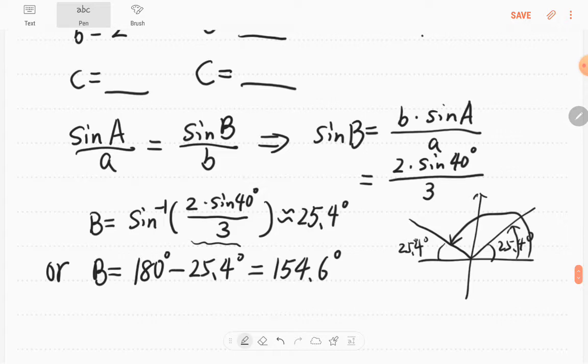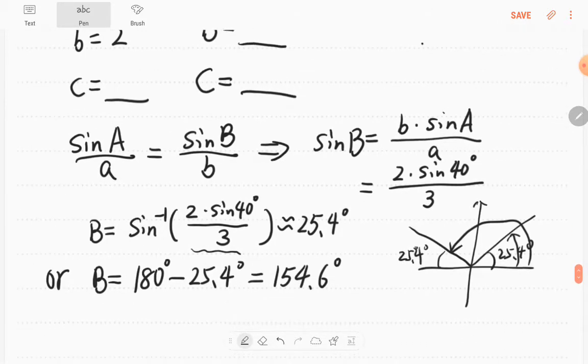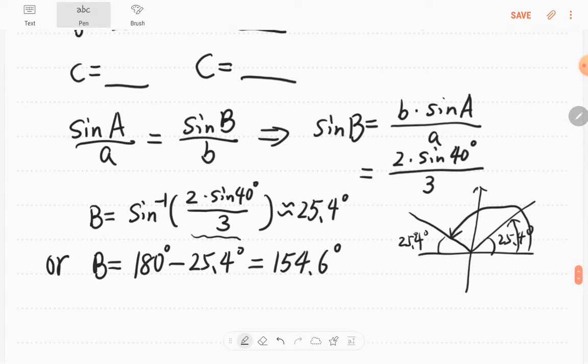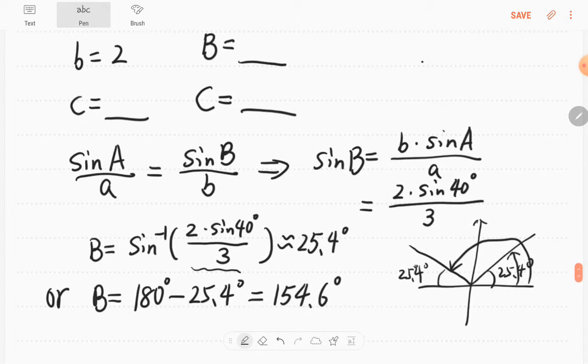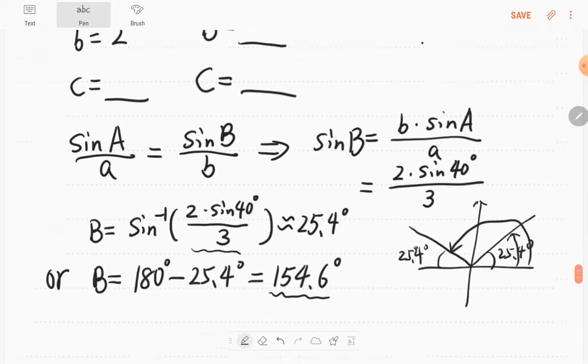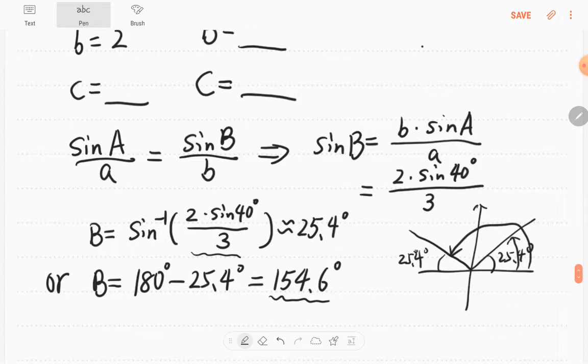We may have two or one triangles. We don't know, but you look at this one. If B equals 154.6 degree, then you notice that if you add angle A and angle B up, it's greater than 180 degree, right? 154.6 plus 40 is 194.6 degree, which is greater than 180 degree.